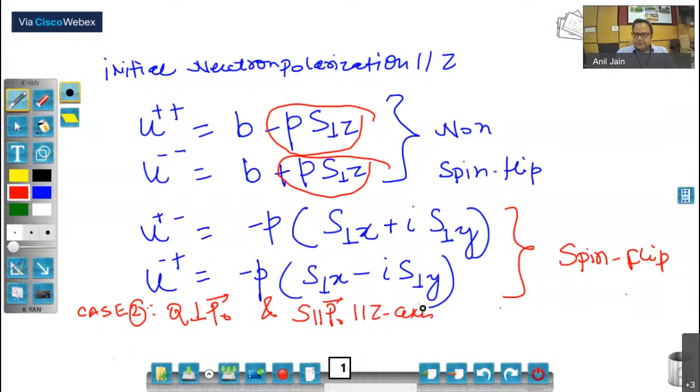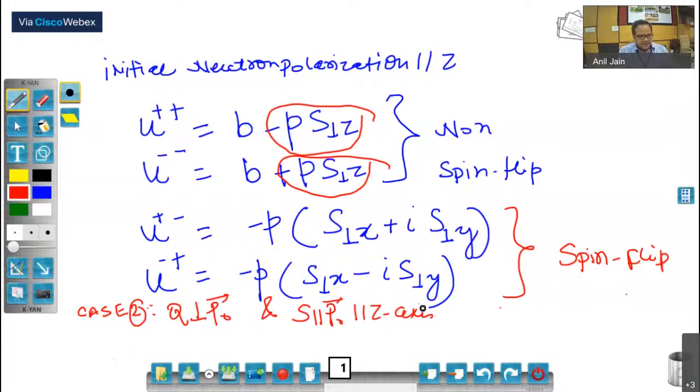Suppose you are doing an experiment in the horizontal scattering geometry, and in this case, your Q vector will be in the horizontal scattering plane.